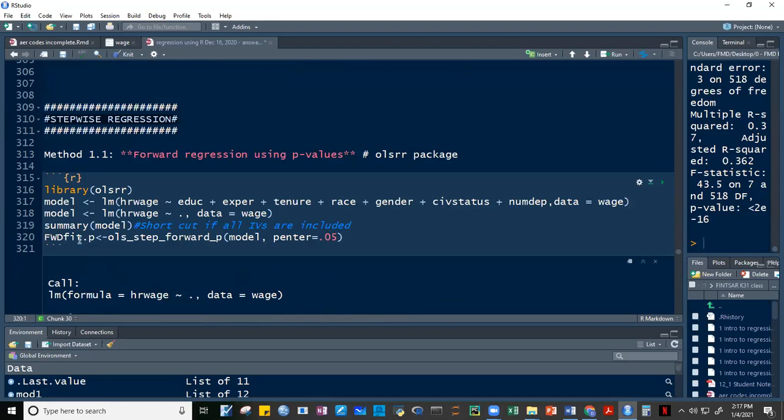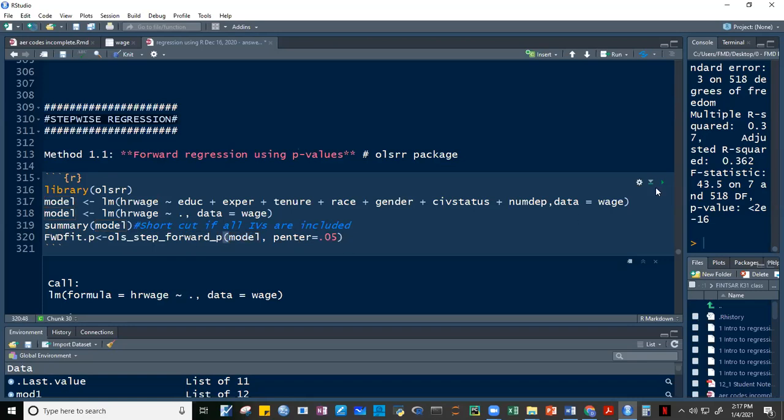Let's create an object called forward regression, and then using p-values, so dot p, kaya forward.p. And then OLS underscore step underscore forward underscore p. This is the function from OLSRR. And then, anong gagawin natin ng forward? Yung model natin, ito. And then entering variable natin is 0.05.